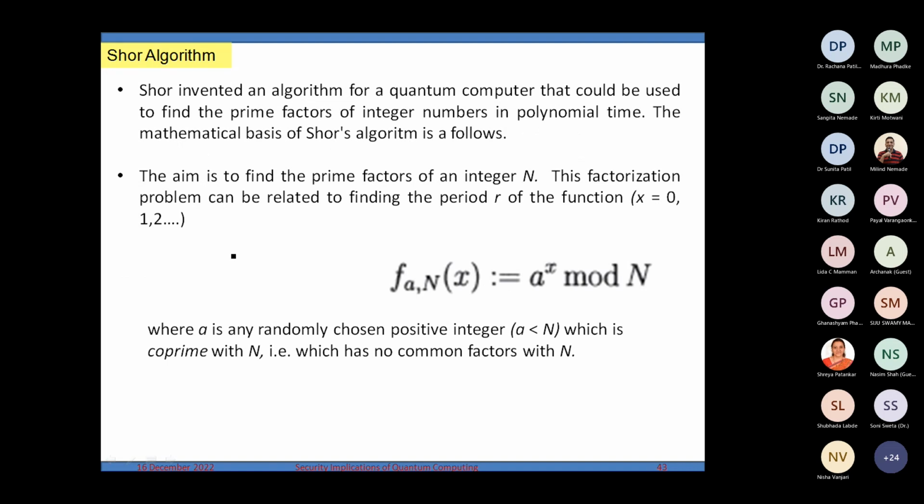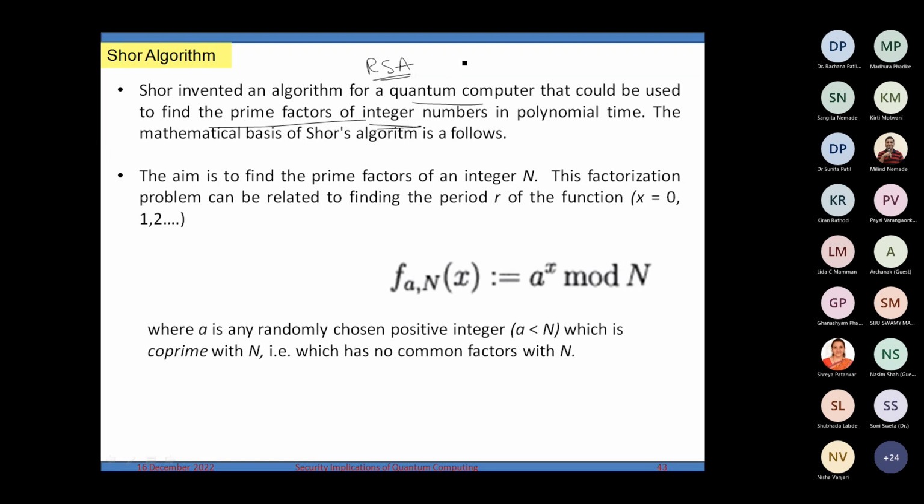So what is the Shor algorithm? Peter Shor invented an algorithm in 1994 for a quantum computer. That algorithm could be used to find the prime factors of integers. Remember, this is the problem that we talk about as the strength of RSA.